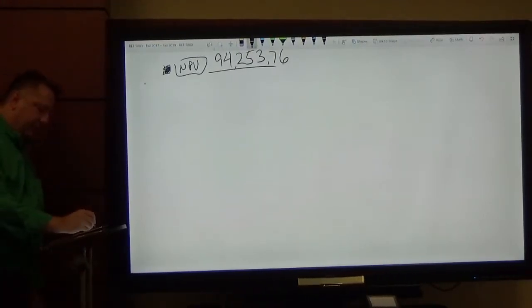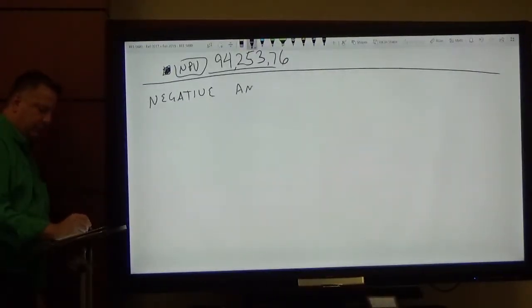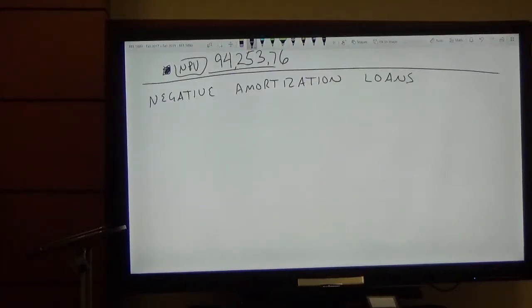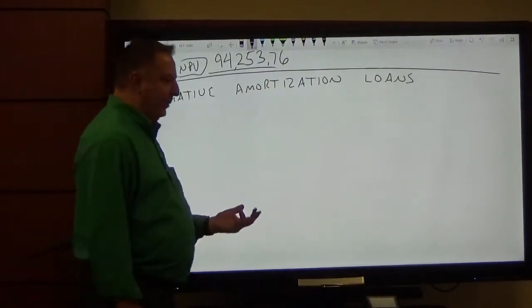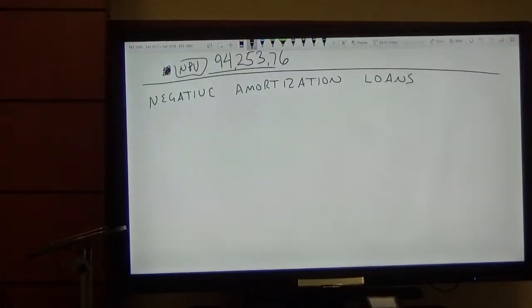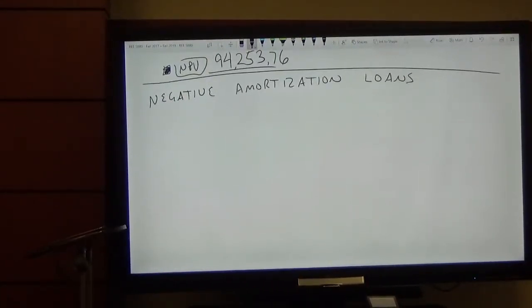Negative amortization loans. Okay. So, a negative amortization occurs whenever you're not making payments sufficiently high to fully service the mortgage.